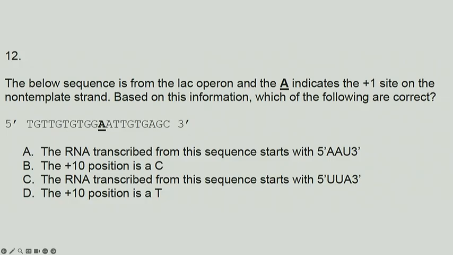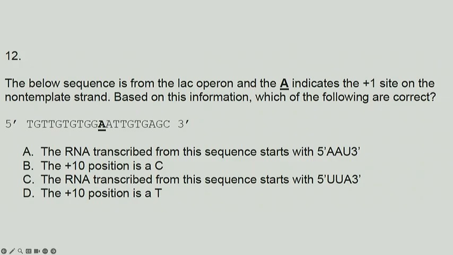And then between A and C, how does the RNA transcribed from this start? We'll go downstream. We need to match the non-template. The non-template sequence is the same as the RNA sequence because the template is complementary, right?